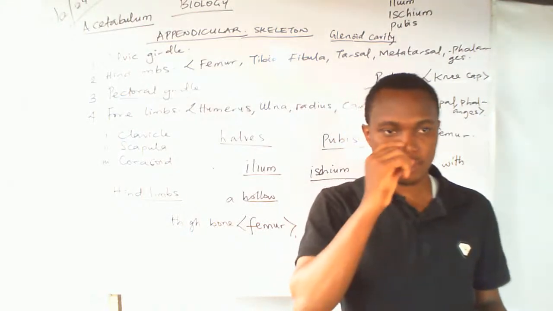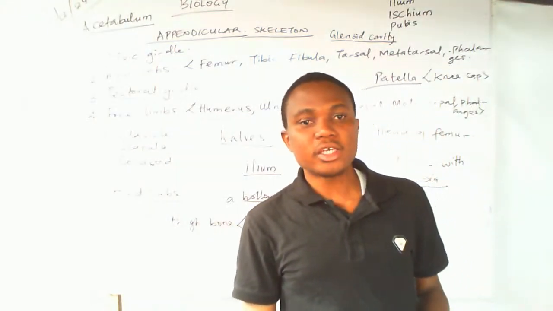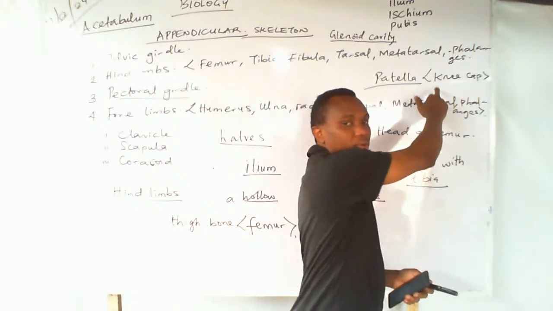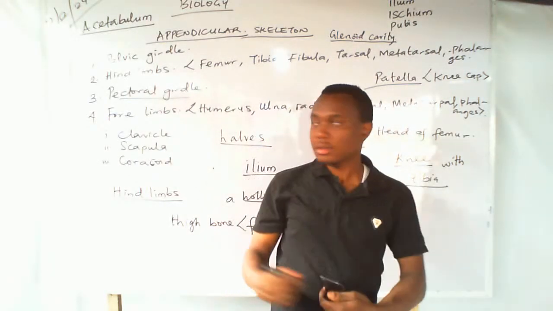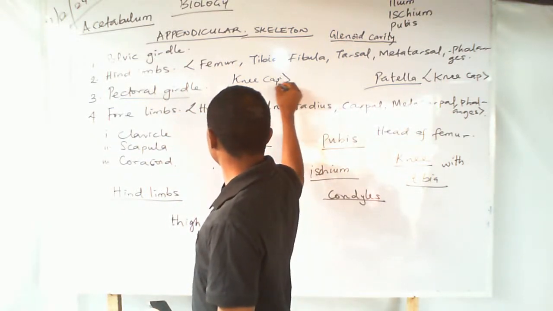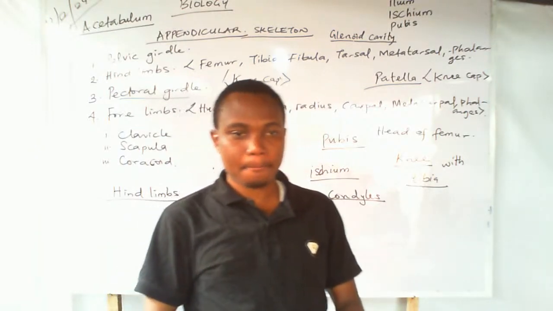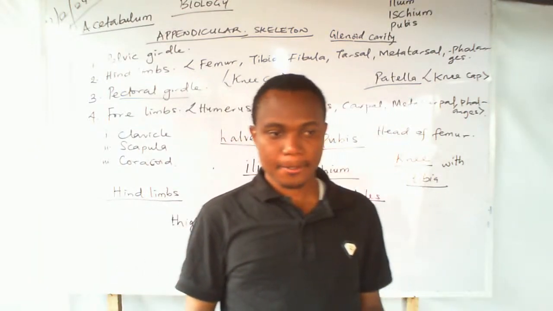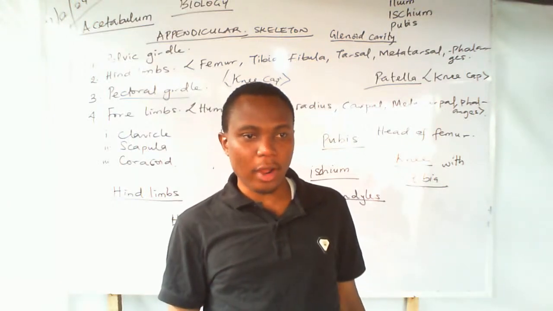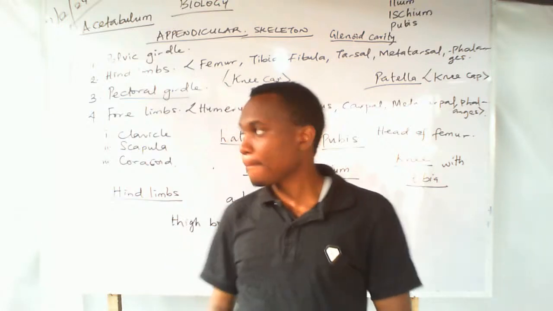Next to this is the tibia and fibula, which form the bones of the lower part of the hind limbs.